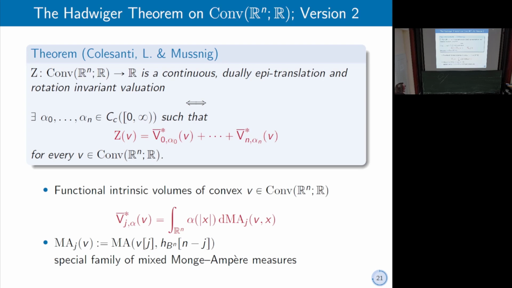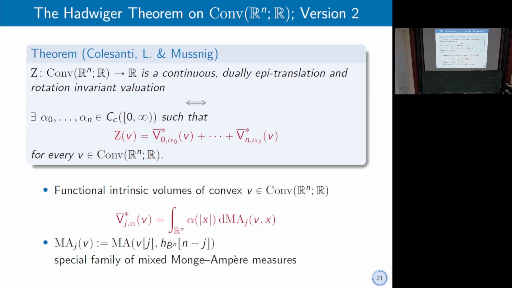This corresponds to a mixed Monge-Ampère measure. And if you use a different mixed Monge-Ampère measure, where you plug in the function v, j times, and the support function of the unit ball, n minus j times, then you get an easier or simpler representation of these functional intrinsic volumes.